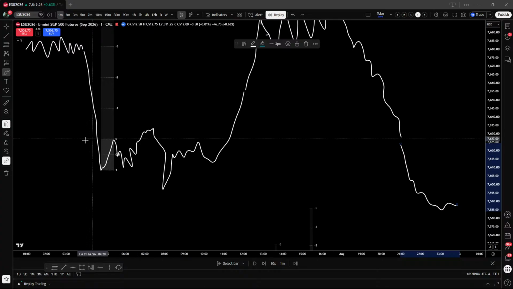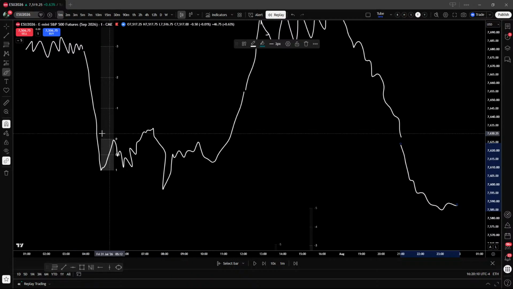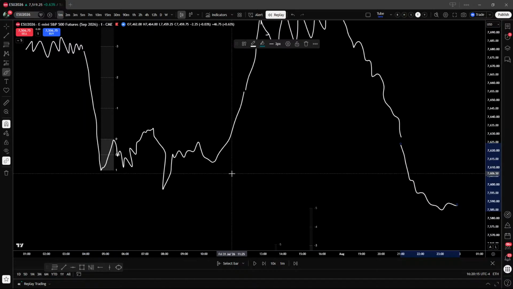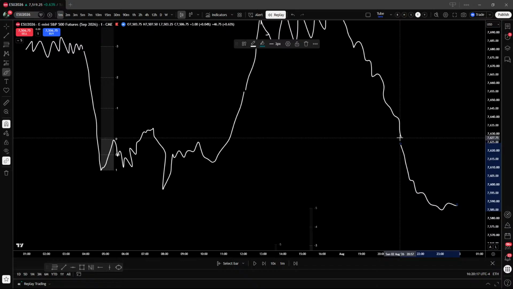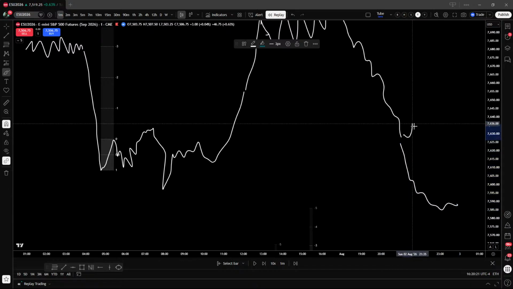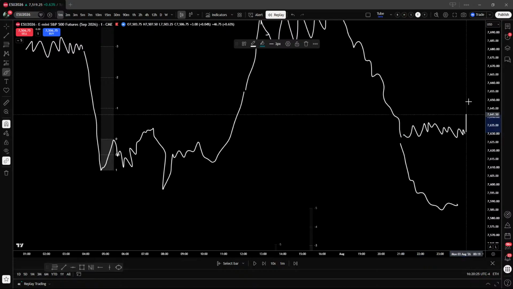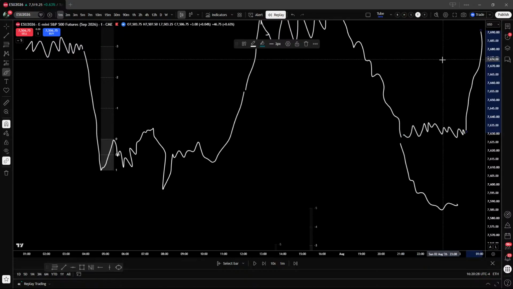Maybe this accumulation happened, and maybe we had a new week opening gap here, and then price doesn't go below anymore, but starts another accumulation here, and then goes back up again.